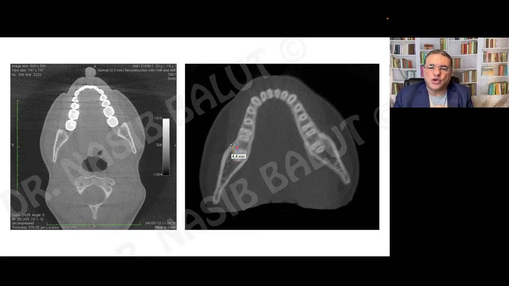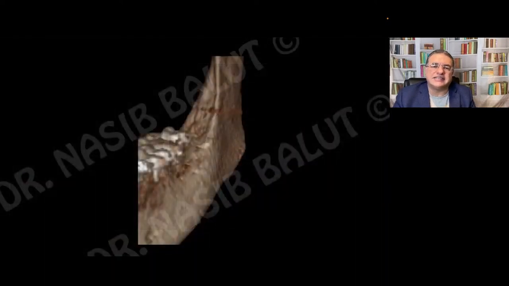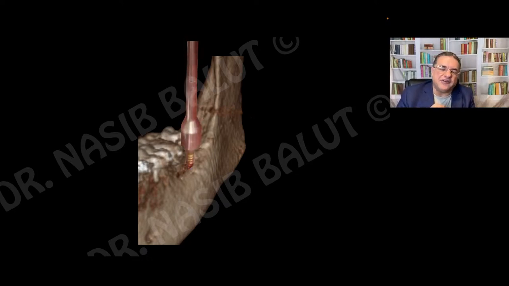Usually we use 12 millimeter long mini implants in that area to get the distalization. This is the CBCT, the area between the first and second molar. We place the mini implant almost parallel to the first and second molar to get the distalization of the lower quadrant.